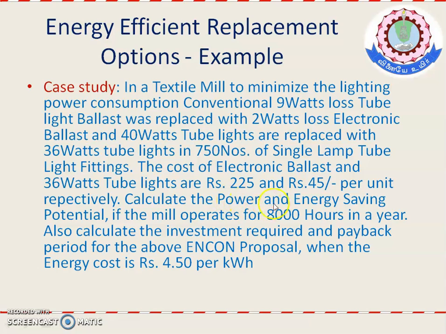Calculate the power and energy saving potential if the mill operates for 8,000 hours in a year. Also calculate the investment required and the payback period for the above energy conservation proposals when the energy cost is rupees 4.5 per kilowatt hour.